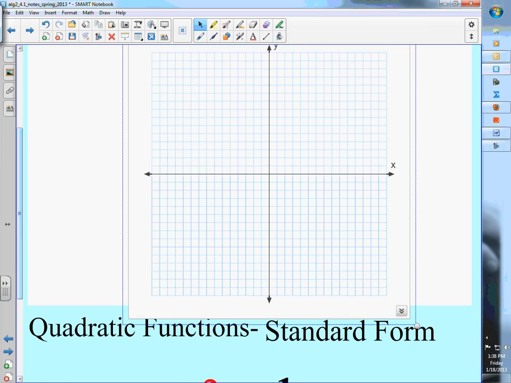Doesn't really matter where that parabola is. You get a parabola-shaped function.